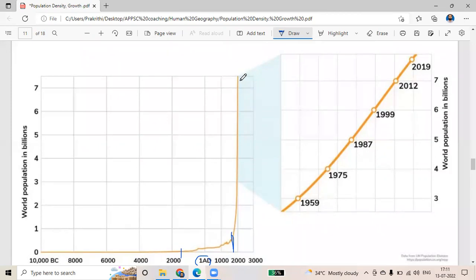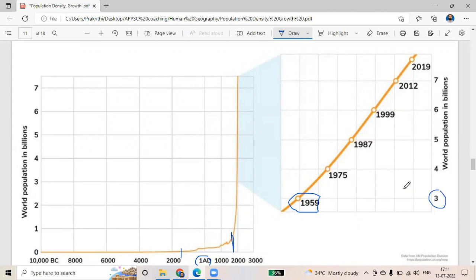One of the major reasons is the industrial revolution. There is a change in the technology. My death rate was reduced while the birth rate was retained, so the birth rate became very high and the death rate went down in this stage. That is what happened. When we move to the 90s, if you look at 1959, that is almost 60 years ago, it was only 3 billion population.